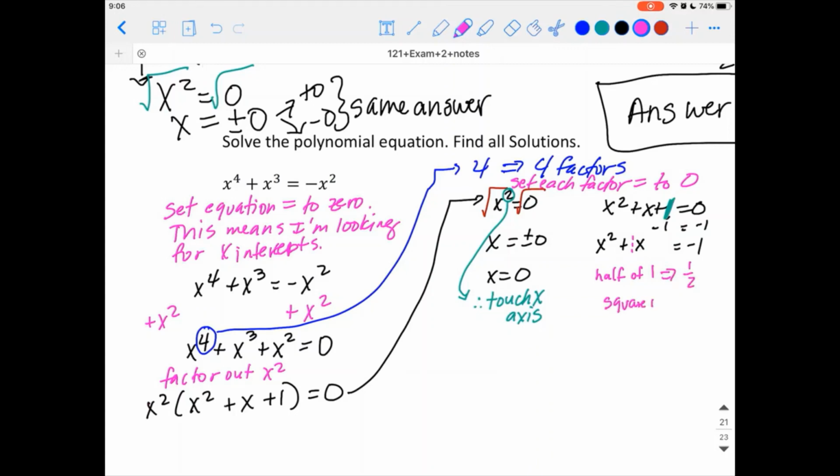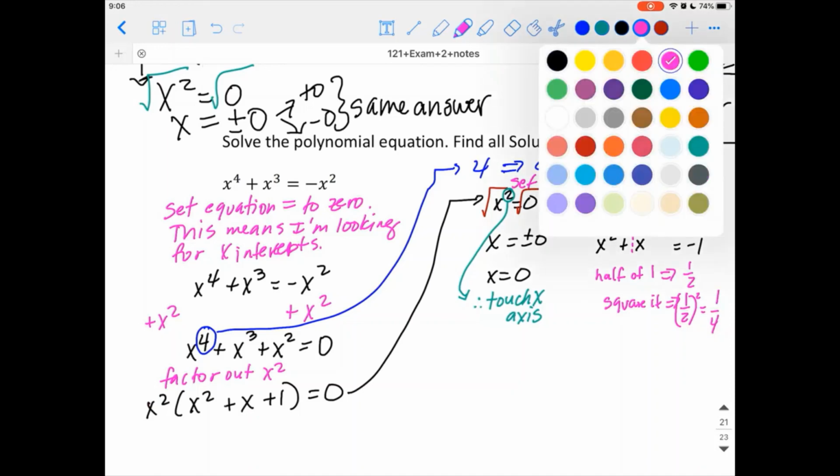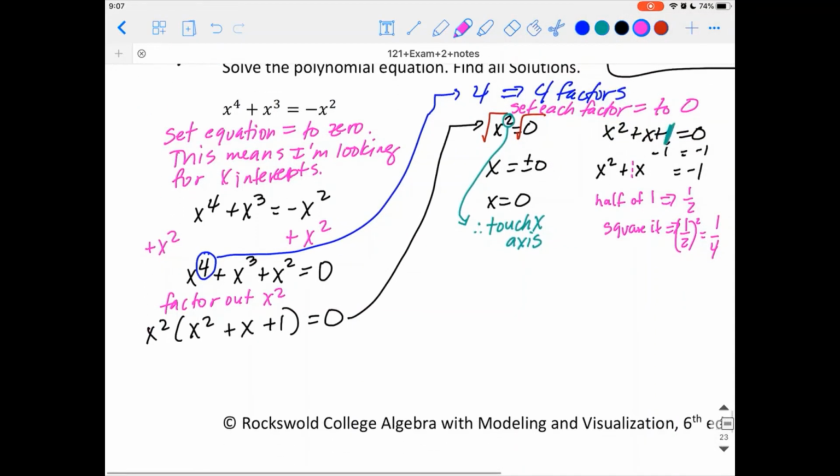Then I'm going to square it. A half squared is a fourth. And then I'm going to add it to both sides. So I have x squared plus x plus a fourth is equal to negative 1 plus a fourth.